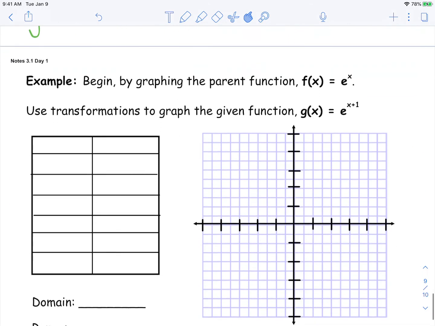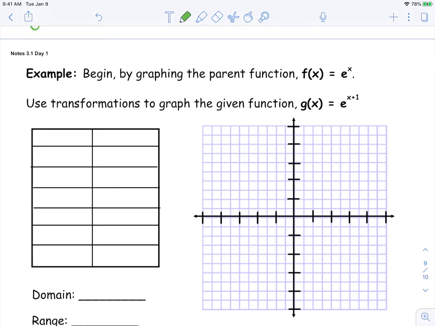So we're going to go ahead and graph this function. Now I have taught you to graph the parent function and then do the transformation. So here is our parent. So we evaluate the function for e to the x. We're going to just choose three numbers today, -1, 0, and 1.